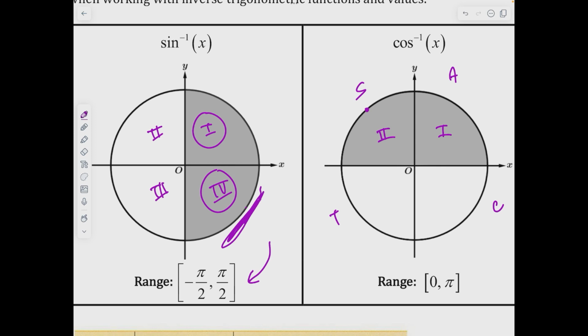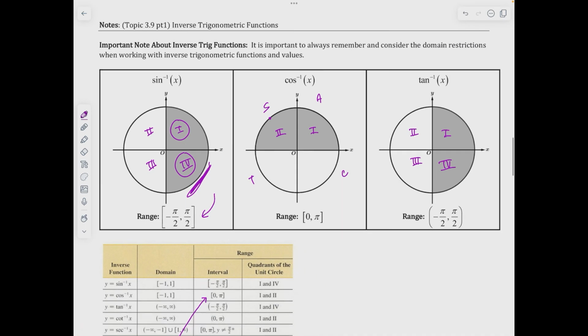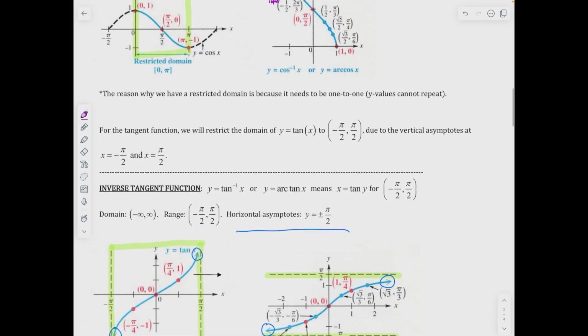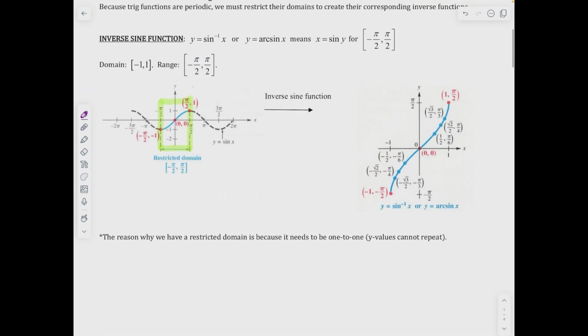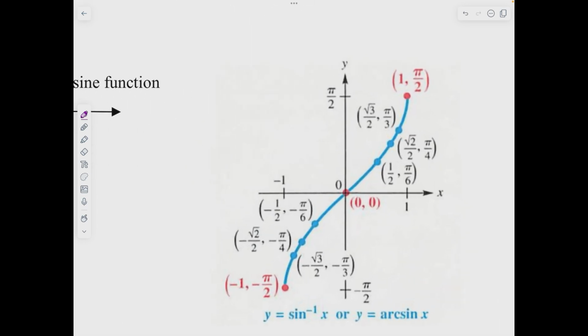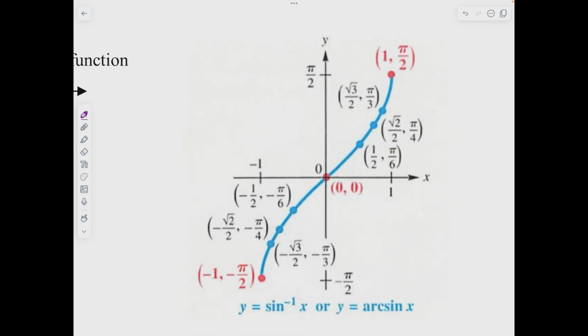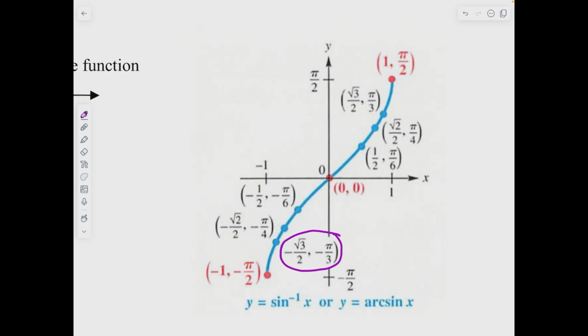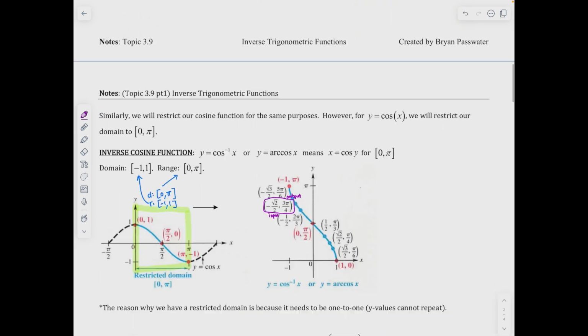That's a negative angle down there. If you're not sure where that is, you could think about your graph. Here is my graph of arcsine, and looking at negative root 3 over 2, that puts me right here. That's negative pi over 3.